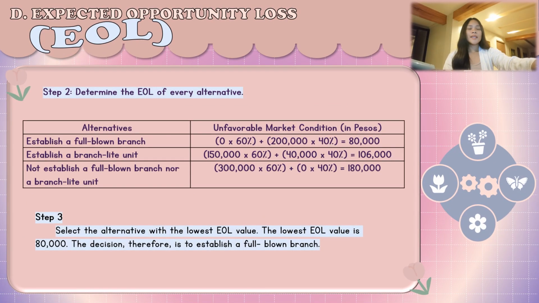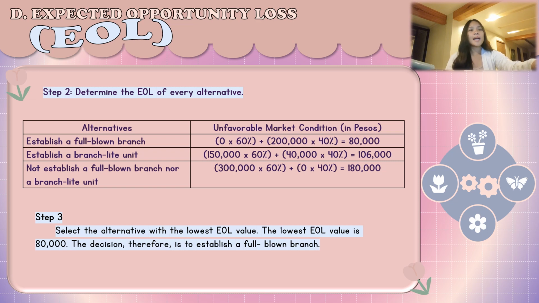Step 2. Determine the expected opportunity loss of every alternative. Multiply the probabilities of the state of nature by the opportunity loss. The computation appears as follows. As I said earlier, the probabilities are 60% for favorable market conditions and 40% for unfavorable market conditions. So 0 times 60% is equals to 0. 200,000 times 40% is equals to 80,000.